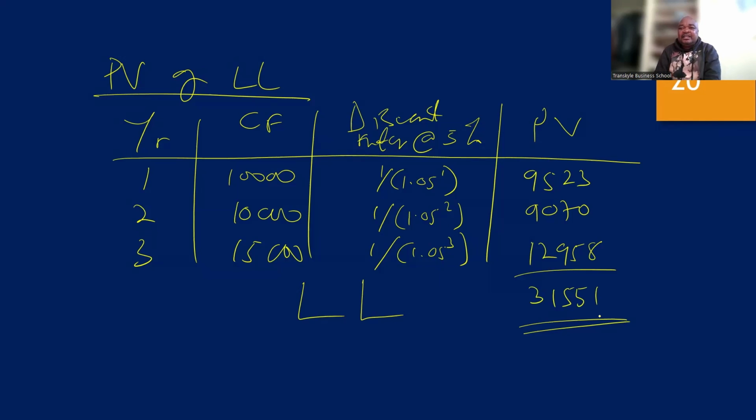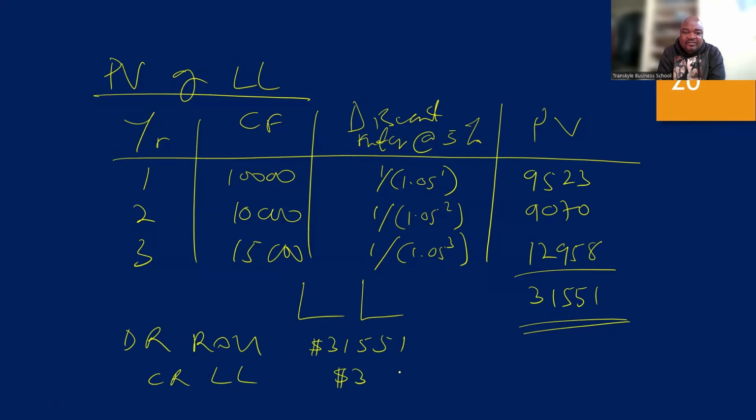That is the lease liability, ladies and gentlemen, and we were required to also come up with the journals. These are the journals: we debit right of use asset with the equivalent amount, 31,551, and credit lease liability with that 31,551.